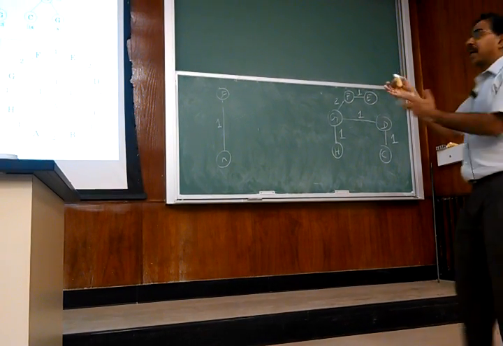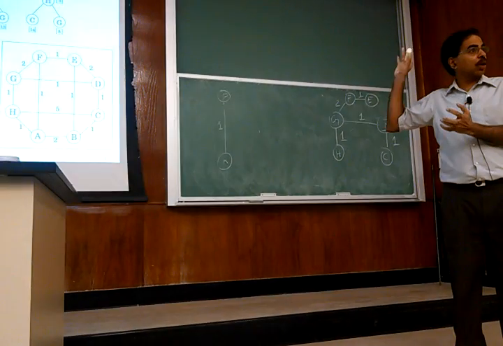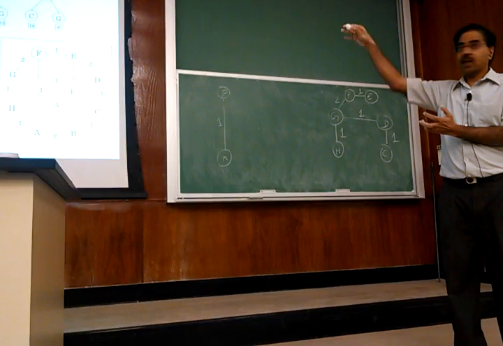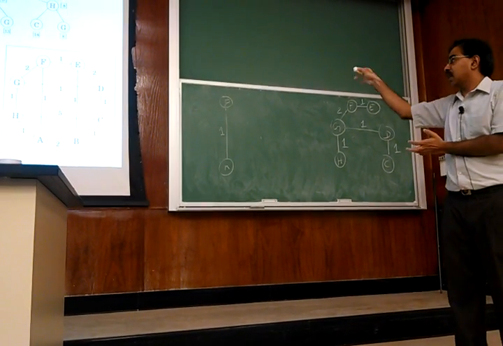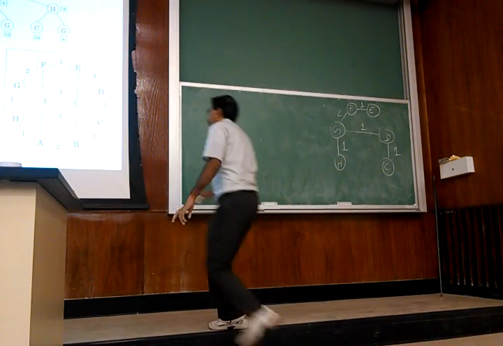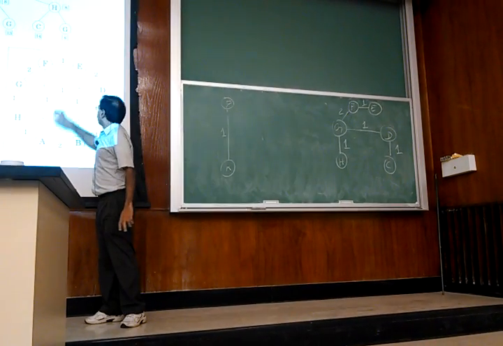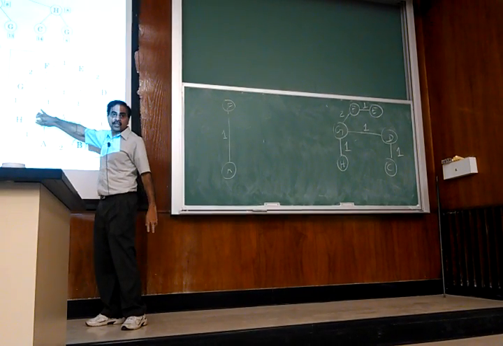Again, we are systematically trying every edge out of A. We start with A, we try every edge. The first edge we try is the one that goes from A to B. The second edge we are trying, you see that there are only 3 edges for A. So we're going to try A to B, A to F, and A to H.